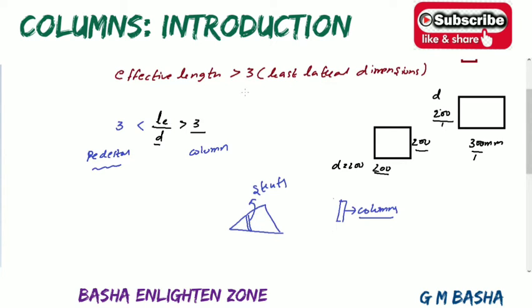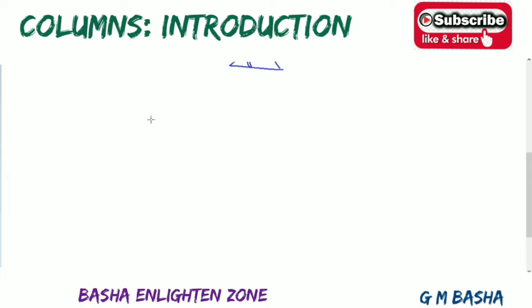So what is the purpose of the column? We already know that, for example, this is a column, you can assume this. The column carries the loads of the beams and again followed by slabs.